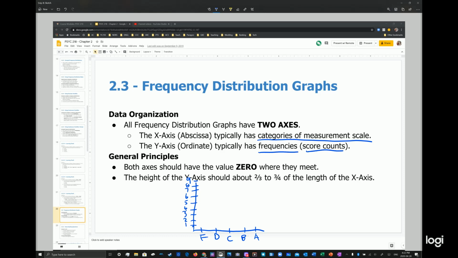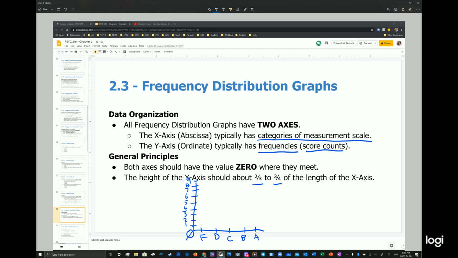In general, there are two principles that you want to follow. Both axes would have a value of 0 where they meet in the corner here. And the height of the y-axis should be about 2/3 to 3/4 of the length of the x-axis.